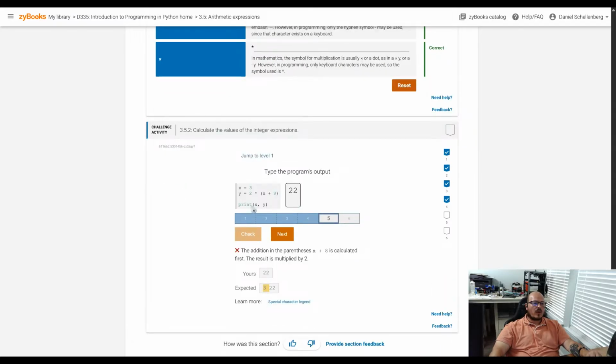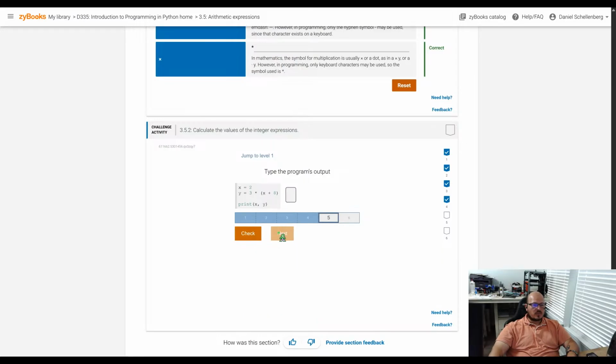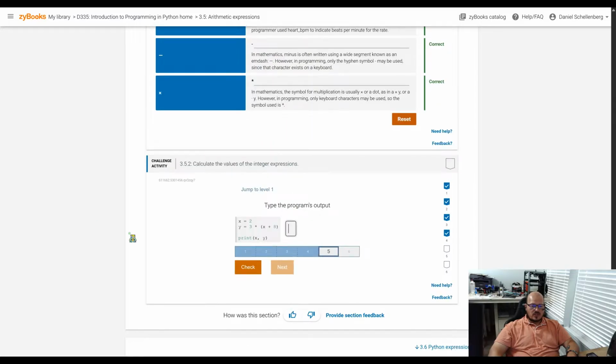What? Oh, dumbass. This is why you have to read and be detailed, because you could easily just skip a step. So it's actually going to be print x and y. Oh, interesting. So x didn't change. Oh, whoops. X never changed.